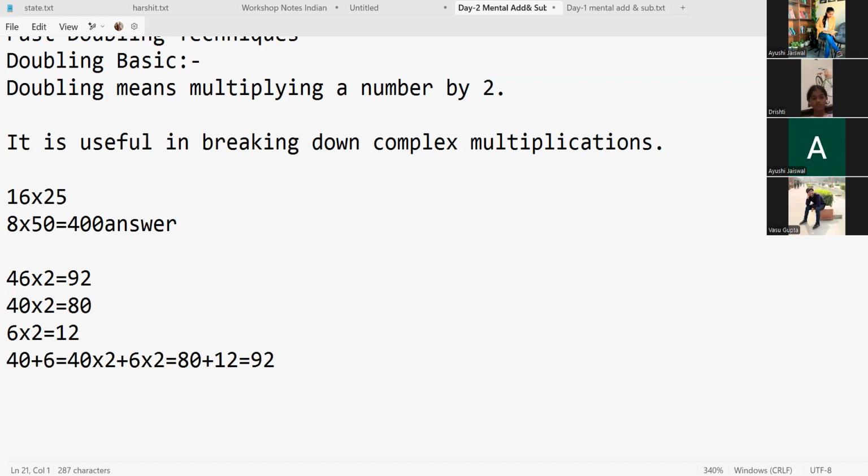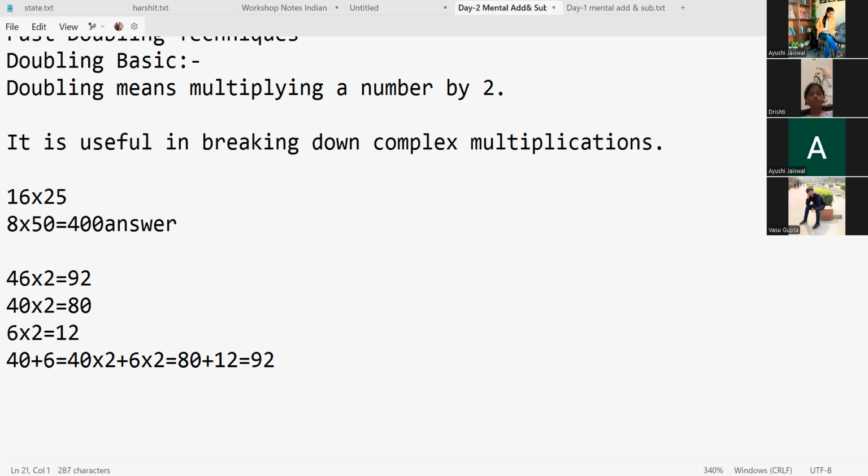Now, if the two factors are not equal like that, for example, 16 multiplied by 25. If one factor is even and another factor is odd, how to do this one?